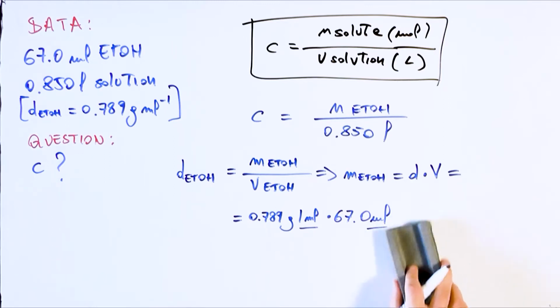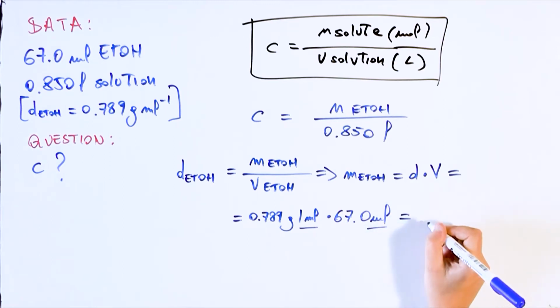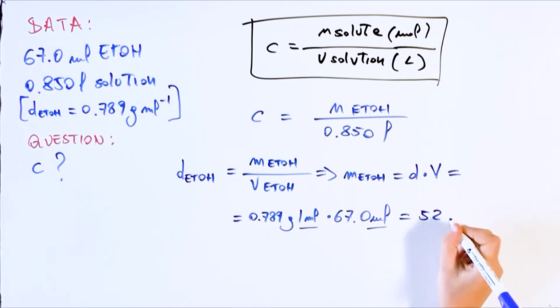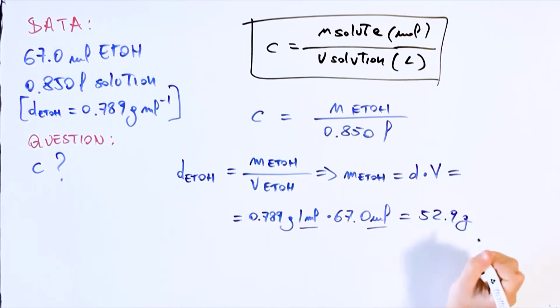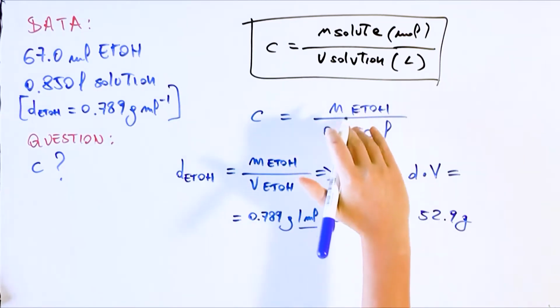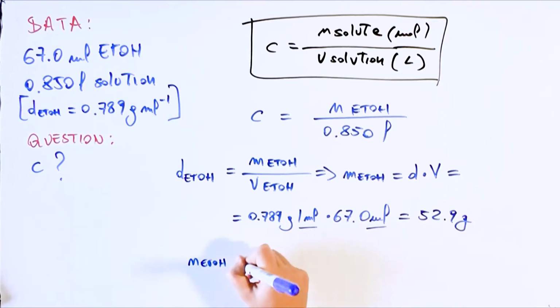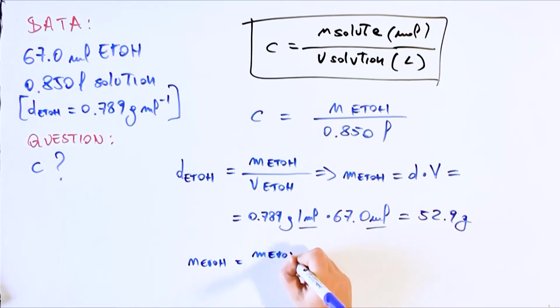So if you do your maths, you will see that the answer is 52.9 grams. So as usual, you can convert grams to mole just using the molar mass. So mole of ethanol is the mass of ethanol we have calculated divided by the molar mass of ethanol.